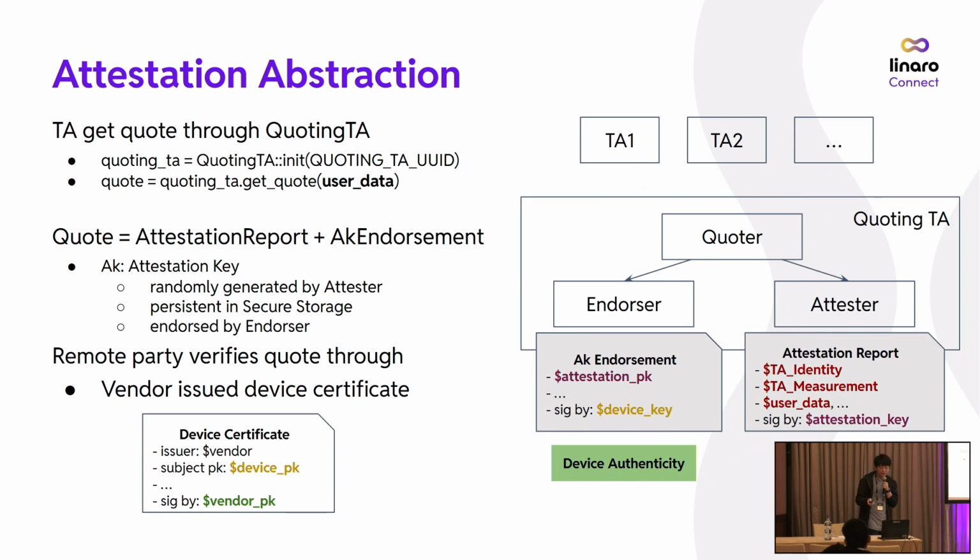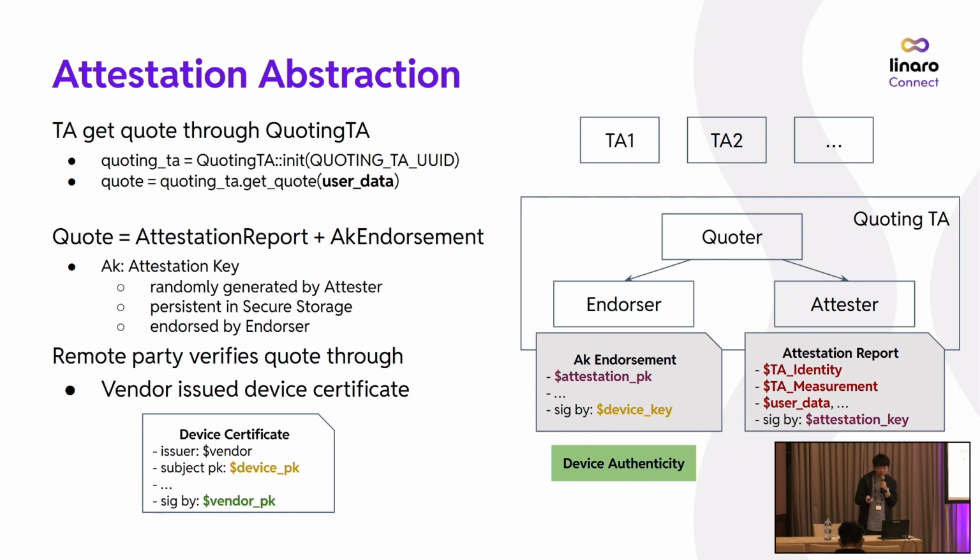In the coding TA, we abstract three entities. The first is the coder, which provides a unified interface for all the existing application TAs. The TAs can use a very standard, simple interface like init to get a connection with the coding TA, and then invoke only get code with context-aware data to get a verifiable code.